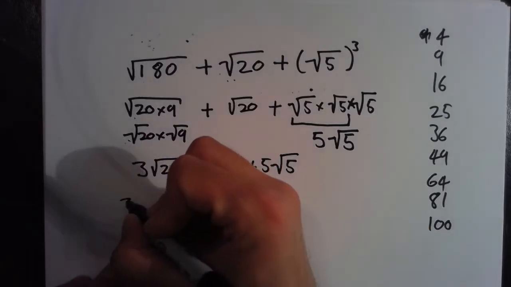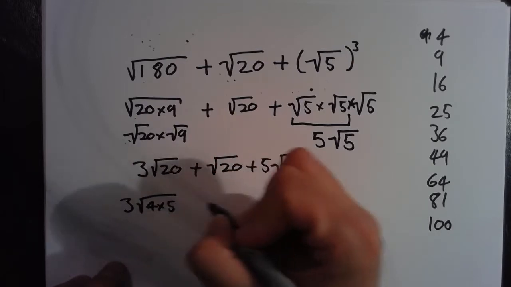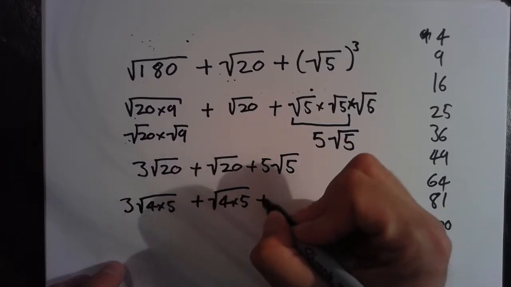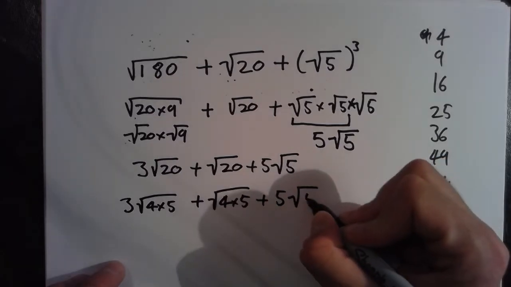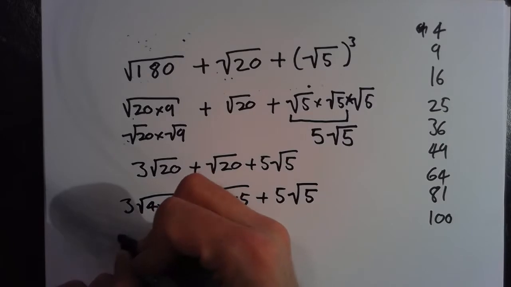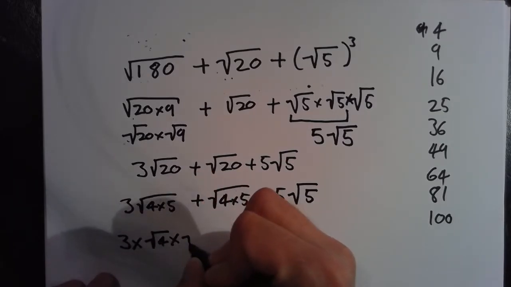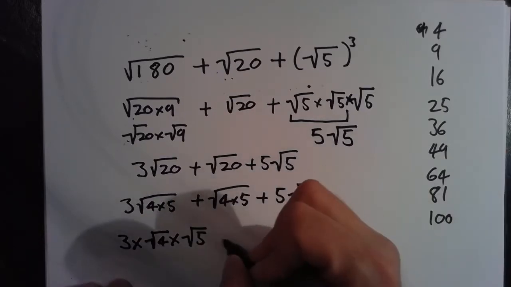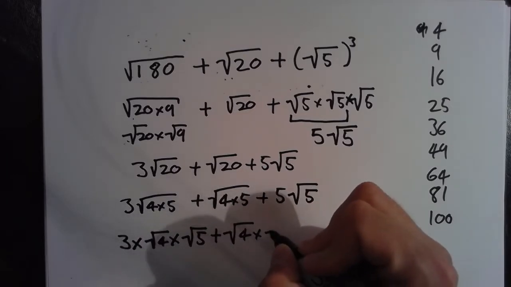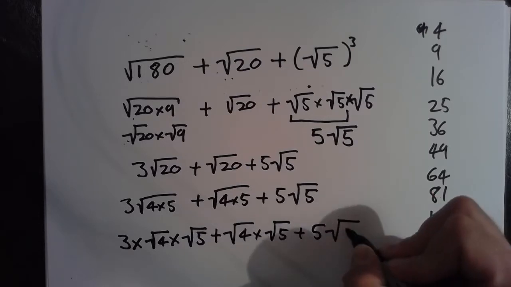So what I then have is 3 times the square root of 20, which is 4 times 5, plus, again, the square root of 20, which we know is 4 times 5, plus 5 square root 5. Now I'm going to expand these out again, so I get 3 times the square root of 4 times the square root of 5, plus this bit now, the square root of 4 times the square root of 5, plus 5 square root 5.